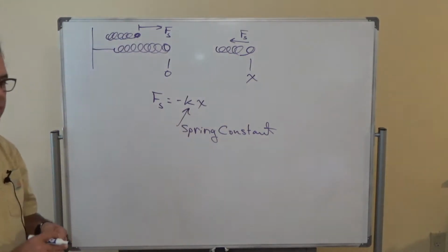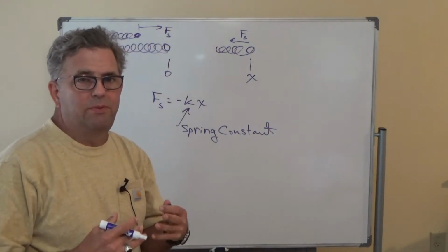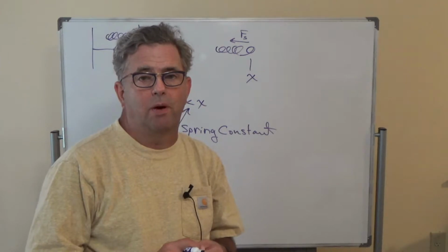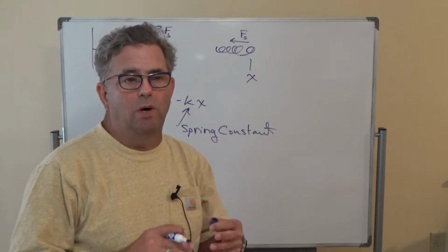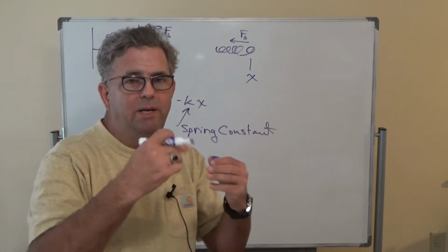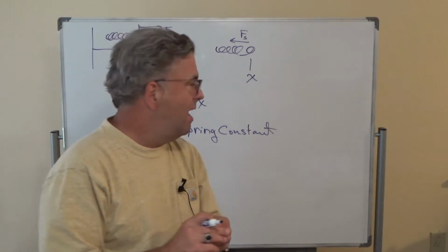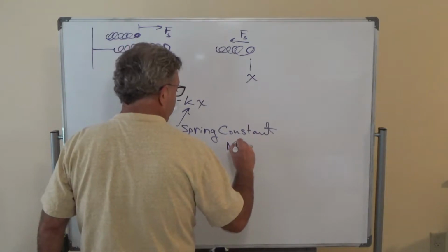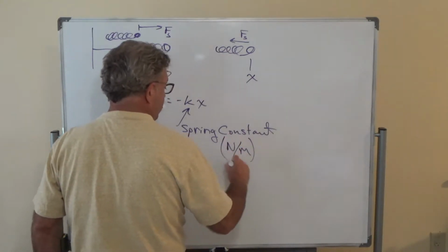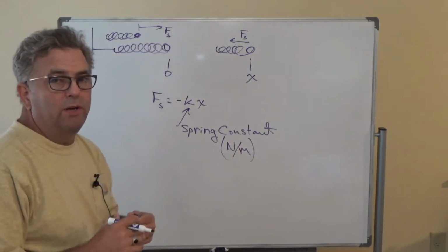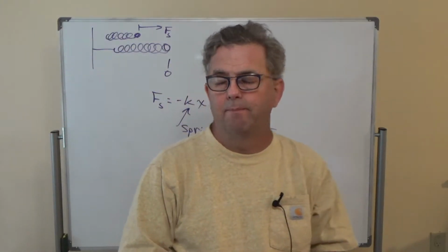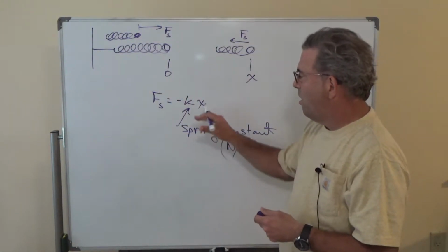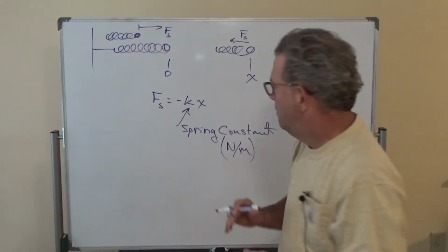That has to do with the material properties of the spring itself. What's it made of? How stiff is it? How many little coils does it have? And this is measured typically in newtons per meter. So it's some force per unit distance. This is called Hooke's law.